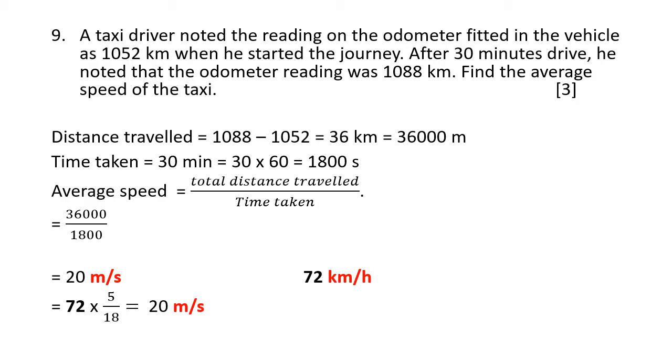Now be very careful, if it is an MCQ then read the units, whether the speed is asked in meter per second or kilometer per hour, and reading the units carefully select the right answer. So if the option has meter per second, the answer is 20 meter per second. If the option is kilometer per hour, the answer is 72 kilometer per hour. So you have to be very careful with the units when giving answers to MCQs.